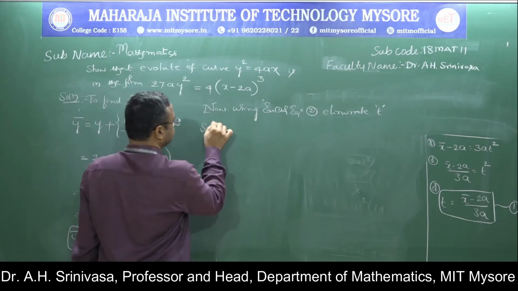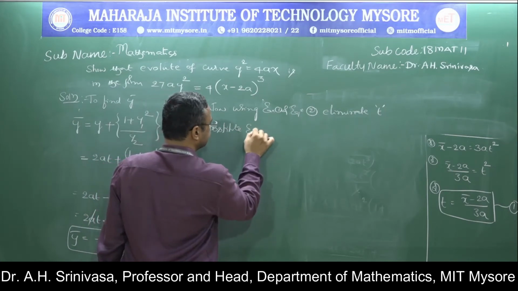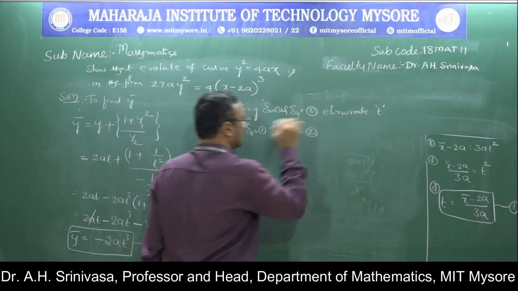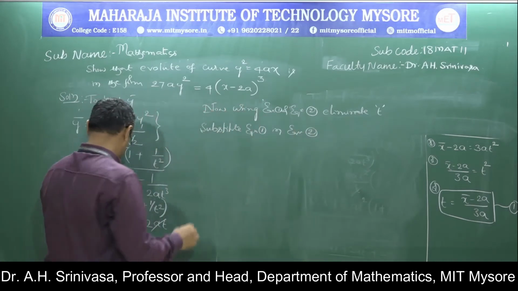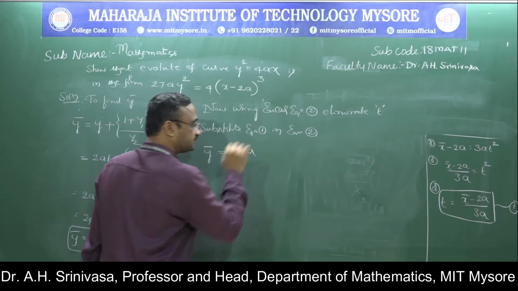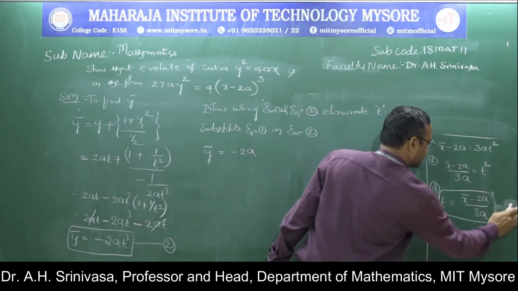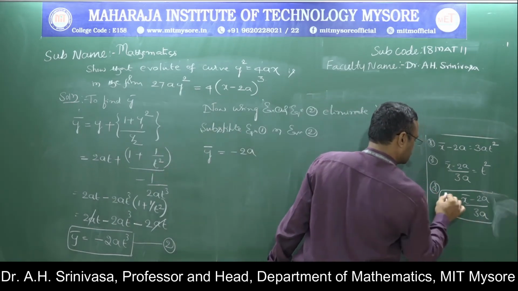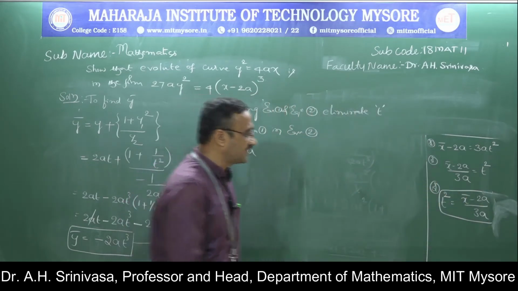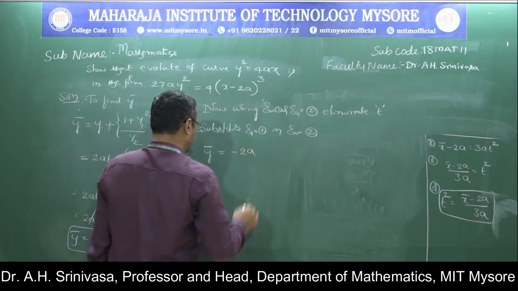Substitute equation 1 in equation 2. What do we get now? Y bar should be equal to minus 2a, and I have to remember this is whole to the power of, from equation 1, t square is x bar minus 2a by 3a. I want t here. What happened?